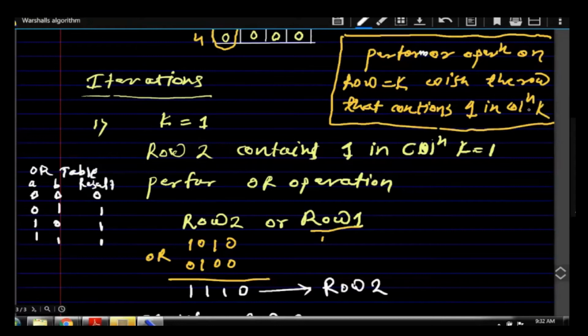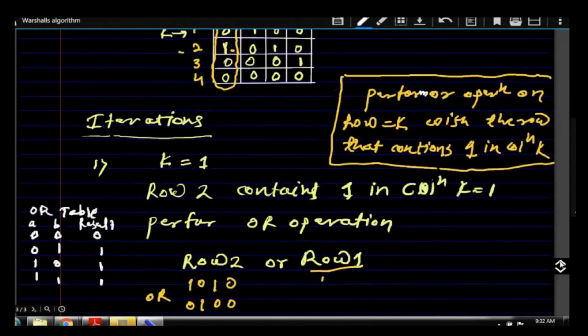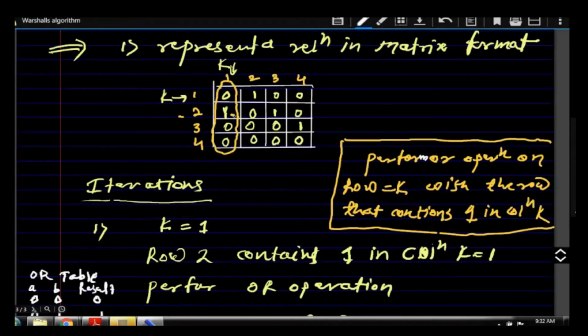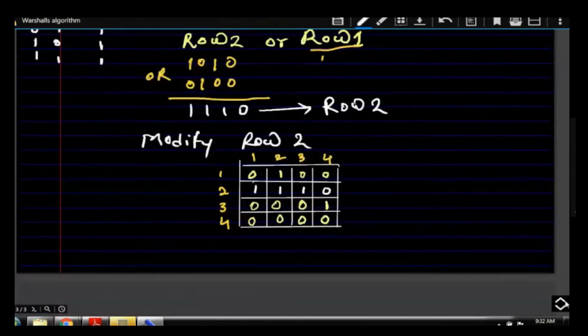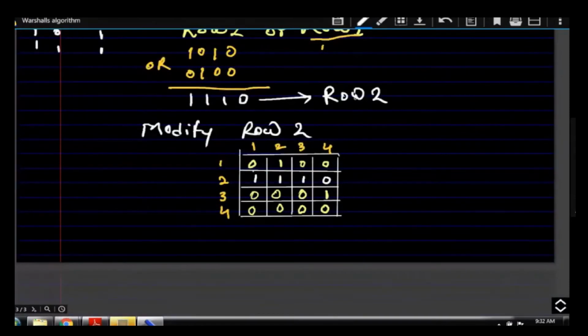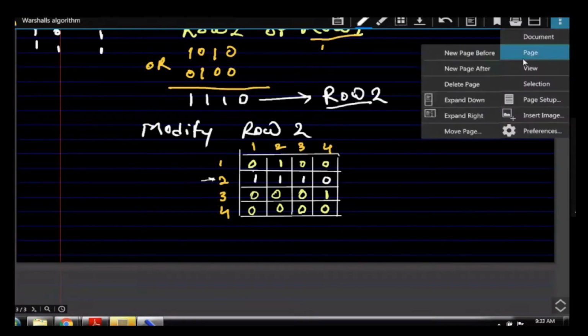Which row contains 1 in column k? With k equals 1, the second row does. So row 2 is ORed with row 1. After performing the OR operation, you update the result in row 2. This completes your first iteration.